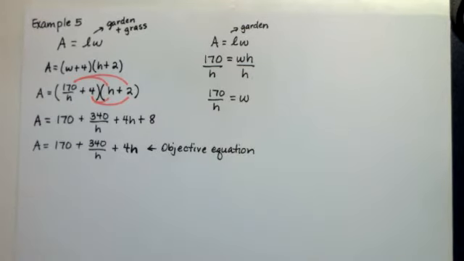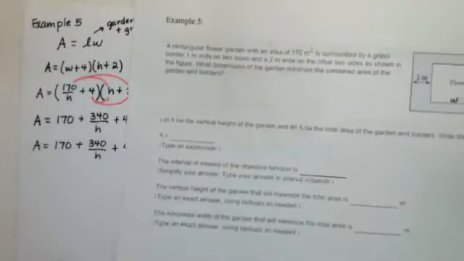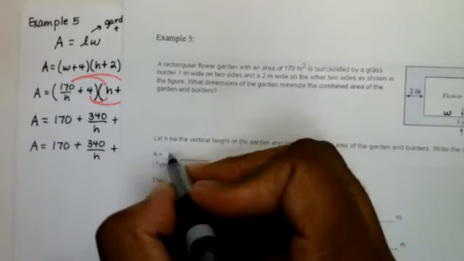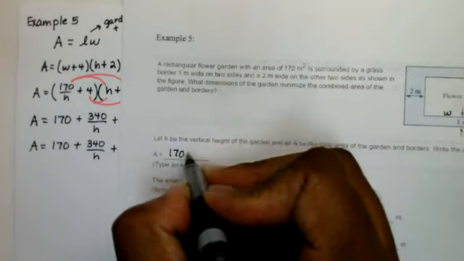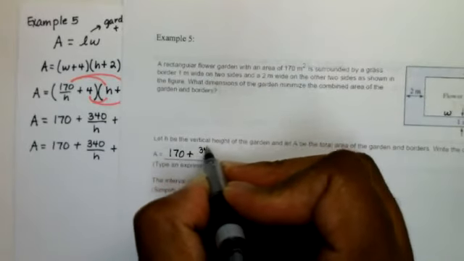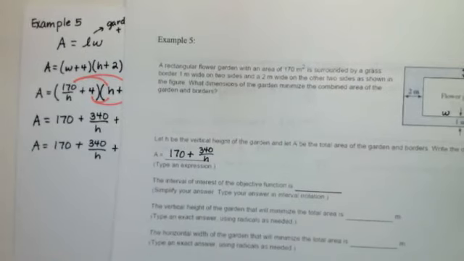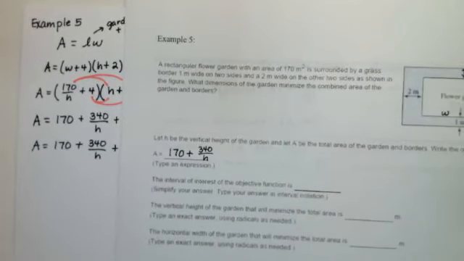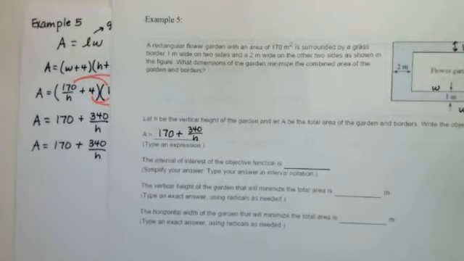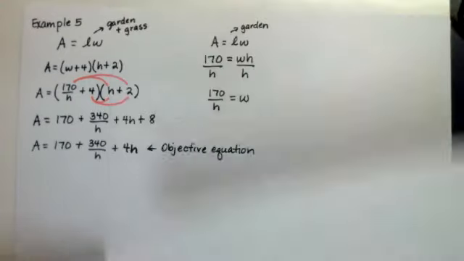That's your objective equation. So if we were to answer this, we'll just fill in 170 plus 340 over H. And then they ask for the interval of interest of the objective function.